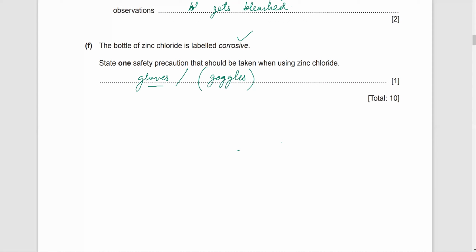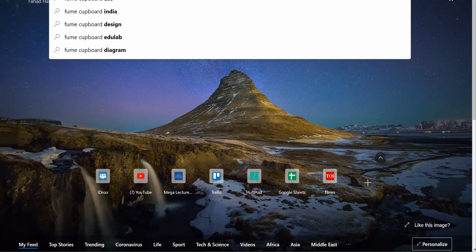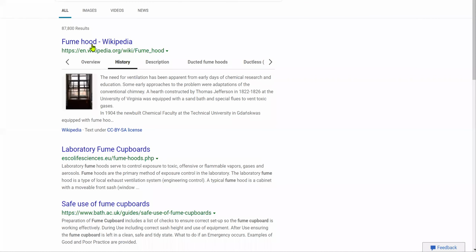There's one other safety precaution if there's poisonous gases. If you have poisonous gases, there's a thing called a fume cupboard. What's a fume cupboard? It's a glass cupboard, or a fume hood.